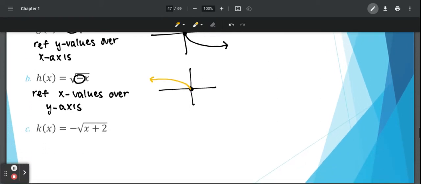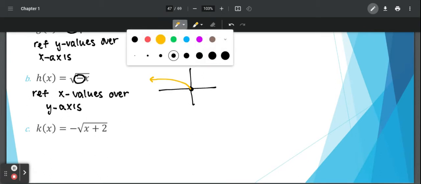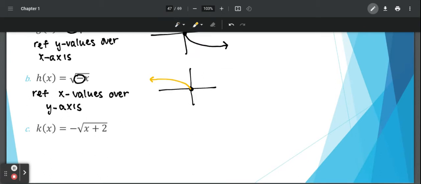And then part C, this is where we're going to have to talk about order. So if you notice, we have x plus 2, so this is going to be a shift to the left 2. And then this negative means we're going to reflect over the x-axis, right? Because we're going to reflect our y values.